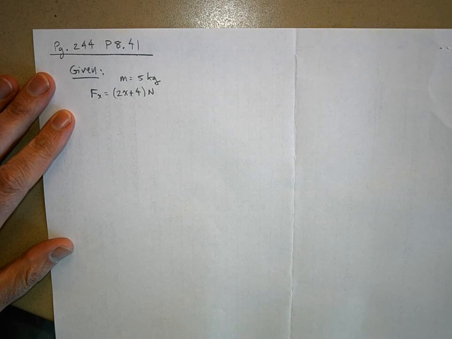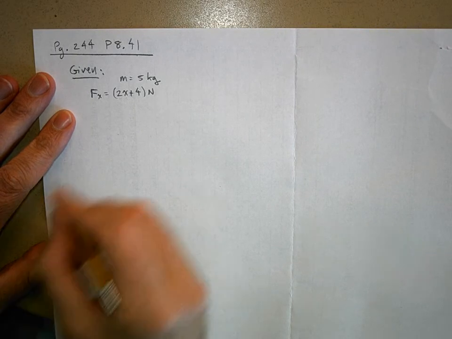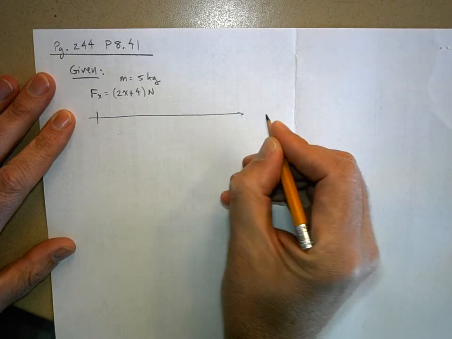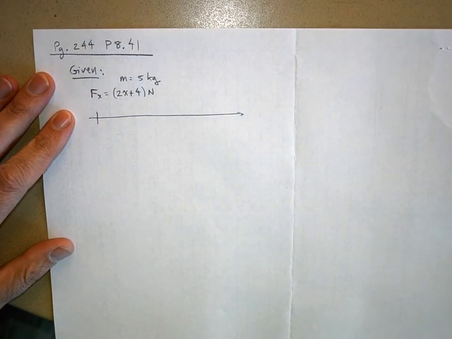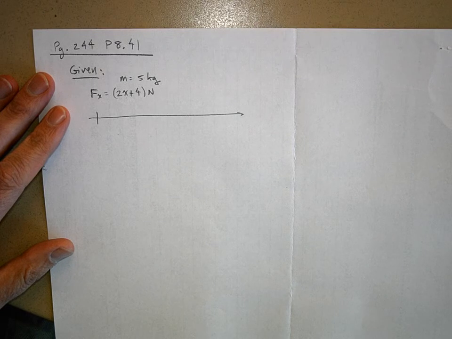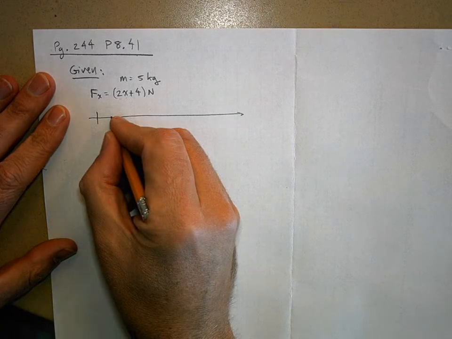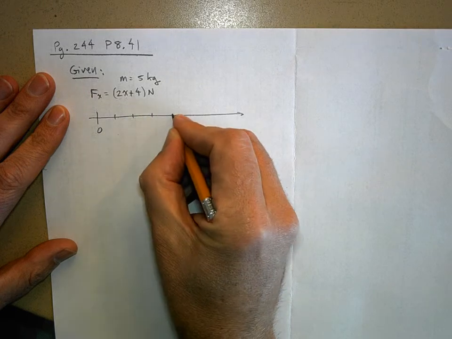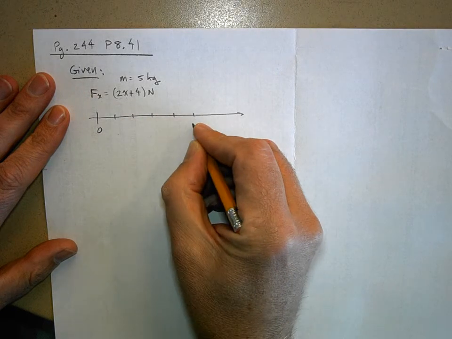And it says the particle is moving along an x-axis. So let's draw an x-axis here. It looks like all our motion is between 1 and 5 meters. So I'll just go 1, 2, here's 0, 1, 2, 3, 4, 5.